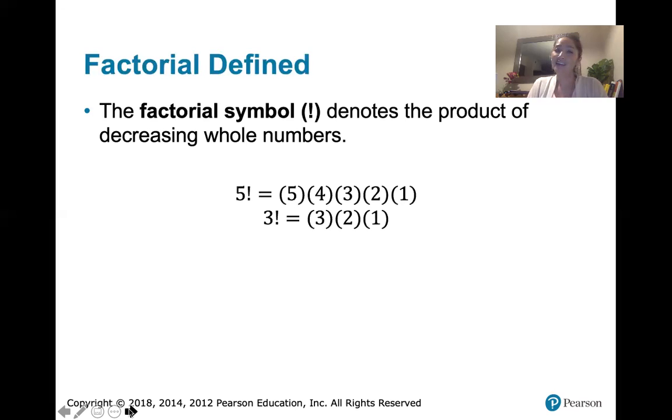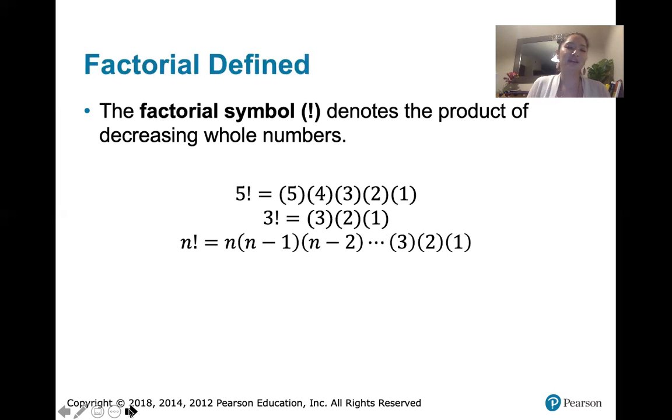Now, if n is a positive integer, we can also represent n factorial using this notation. We start with n, and then we multiply by 1 less than n, that's n minus 1. And then we multiply by 1 less than that, that's n minus 2. And we keep going until we get to 3 times 2 times 1.